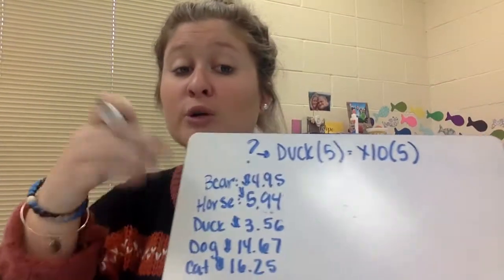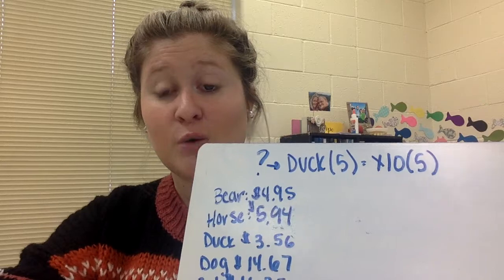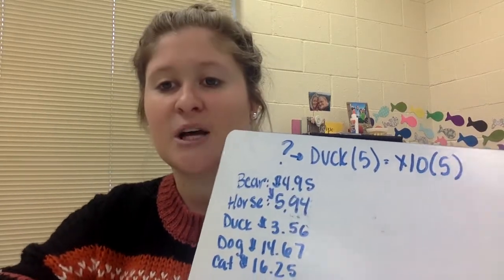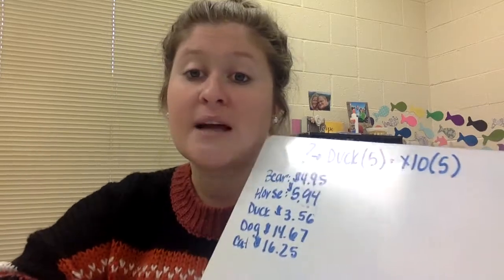The dog is $14.67. The cat is $16.25. Now that I have all of these numbers pulled out, if I'm trying to compare numbers and it has the word value for place value in it, I need to draw a place value chart. So off to the side, I'm going to draw a place value chart, put all of these numbers in it so that it's easy to compare them.